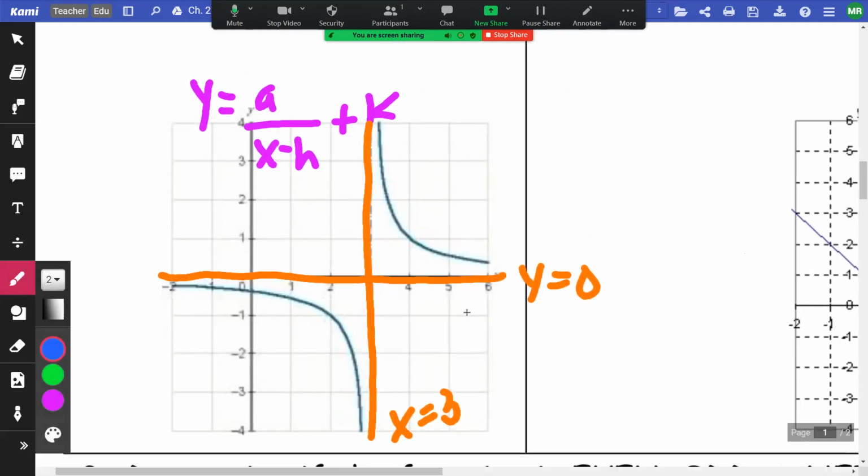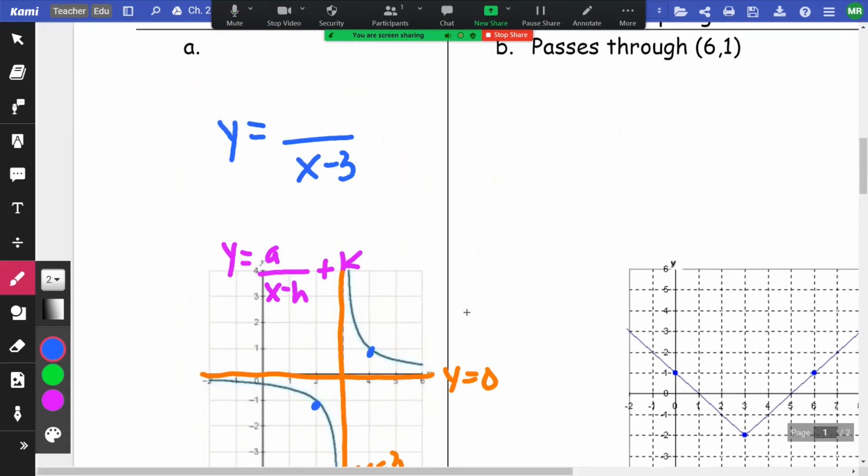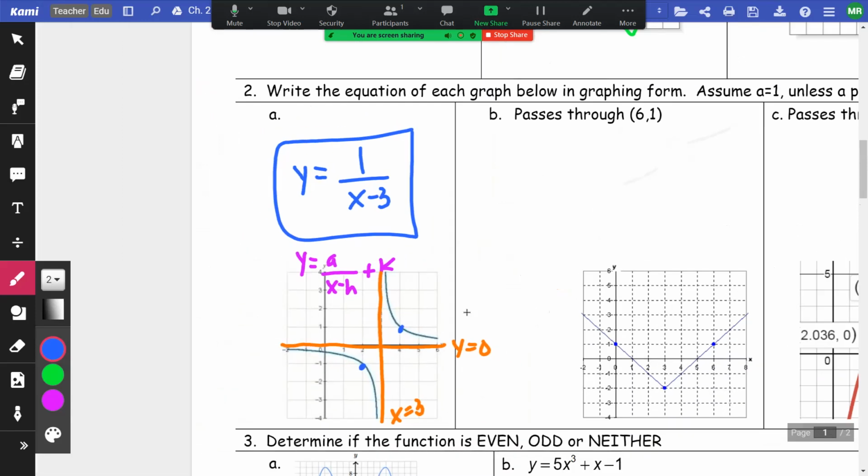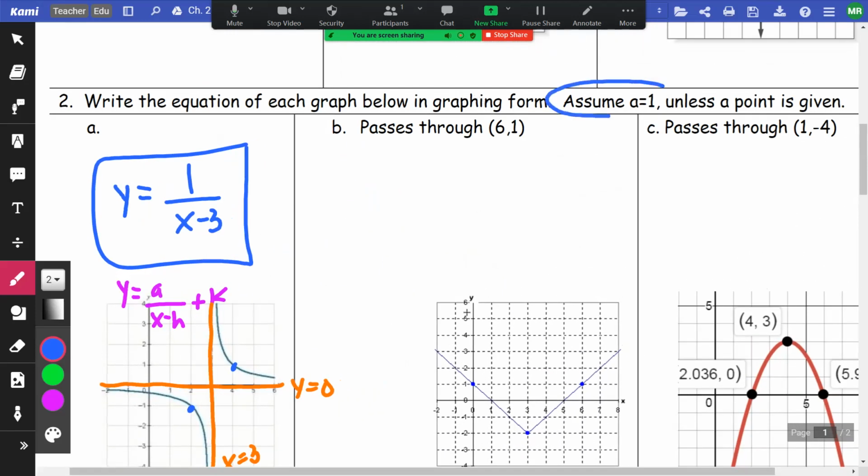And just a little reminder, this is going to multiply to 1. So 1 comma 1, negative 1 comma negative 1 if I'm moving. So this is a 1. But again, they said in the directions, and that would be your equation. They said in the directions, assume a is 1 unless a point is given. Since they did not literally give us a point, assume your a is 1.